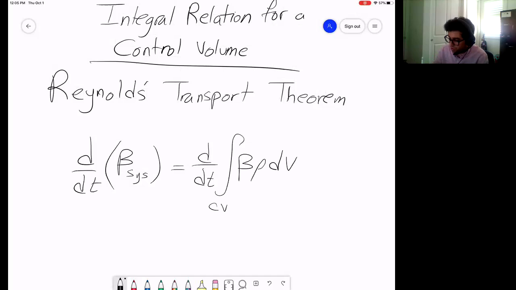Yes, this is the transient term, but is this V velocity or volume? Volume. Yes, volume. Exactly. And then plus the integral over the control surface of beta rho times the dot product of V, V dot N, times dA.